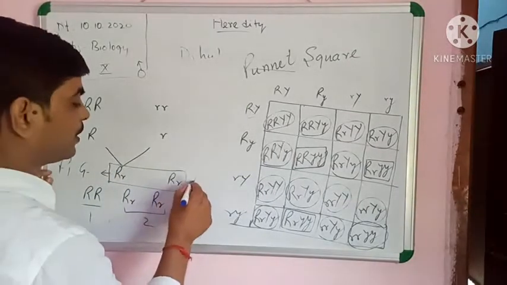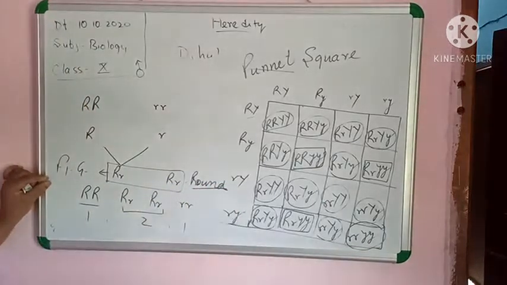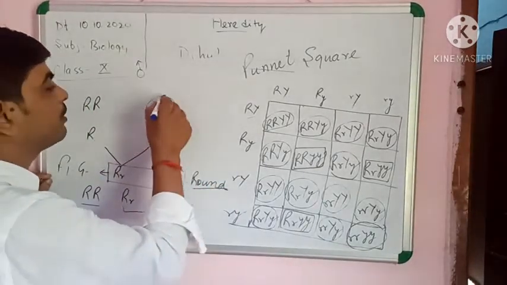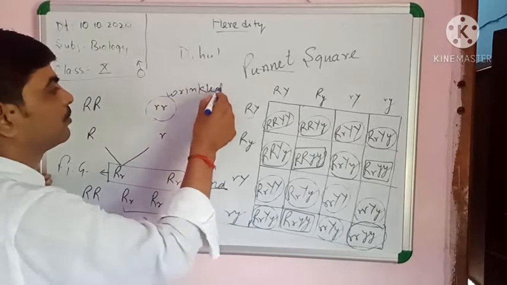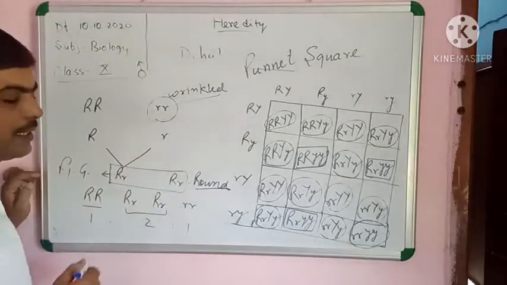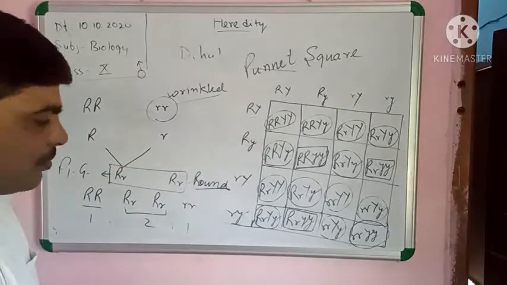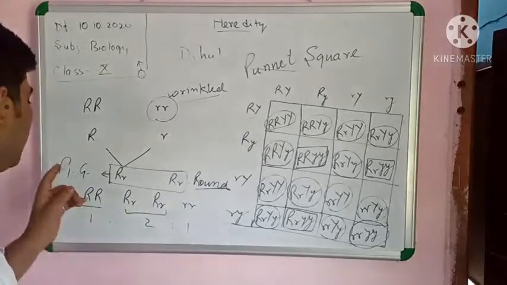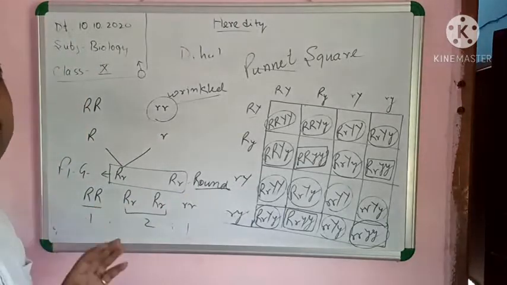Okay? See here, in this, the phenotype is round. While we taken one of the phenotype is wrinkled. Okay. One of the phenotype we taken in the beginning in the form of parent is of wrinkled seed. But the phenotype that we receive in F1 generation is all are round.